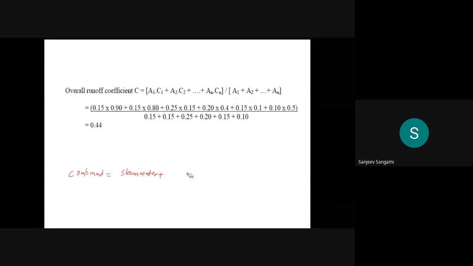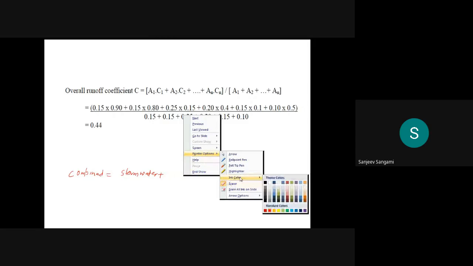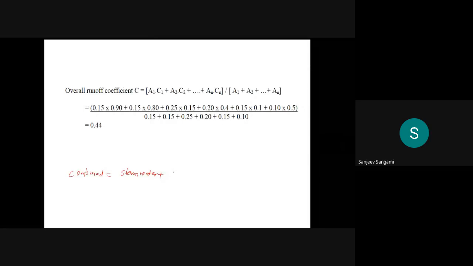If you want to calculate the storm water, you have to use the formula Q is equal to CIA divided by 360, where C is the coefficient of runoff, I is the intensity of rainfall, and A is the area in hectares. I should be substituted in mm per hour, and C has no unit.